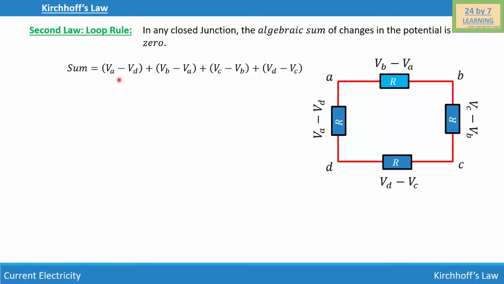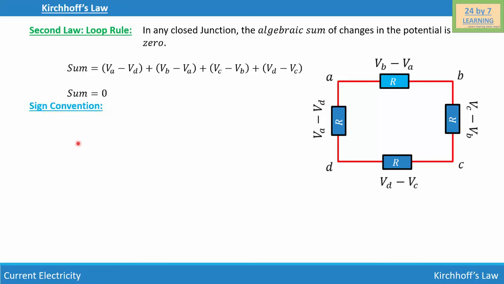So we are just following the law which says to add all these potential differences, and if we add, we will get zero, which simply means that the sum of all the potential differences across a closed loop is zero, and that's why the sum of all the potential differences across the loop A, B, C, D, A is 0.